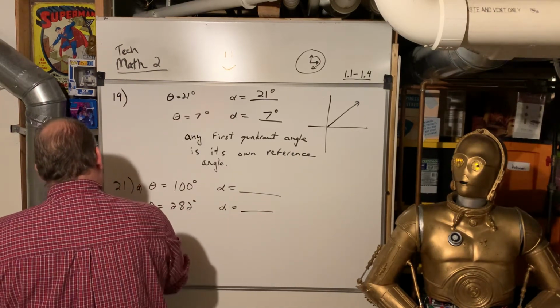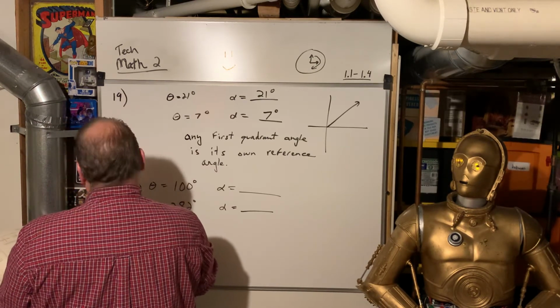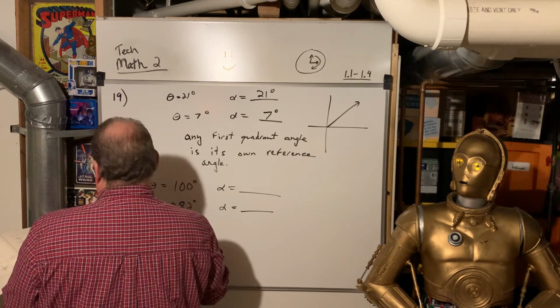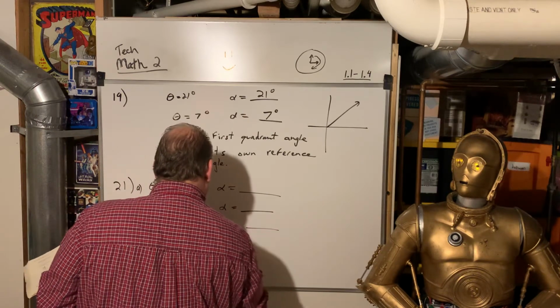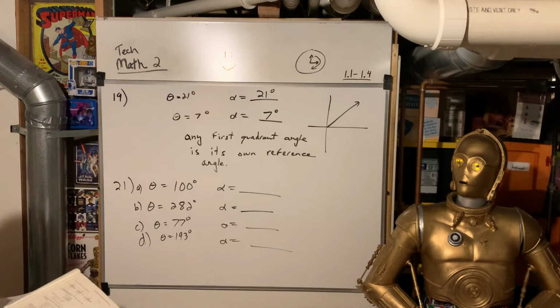A, B, C, D. So 7 degrees and 183 degrees. Okay. So they want to know what is the reference angle and what quadrant is it in.